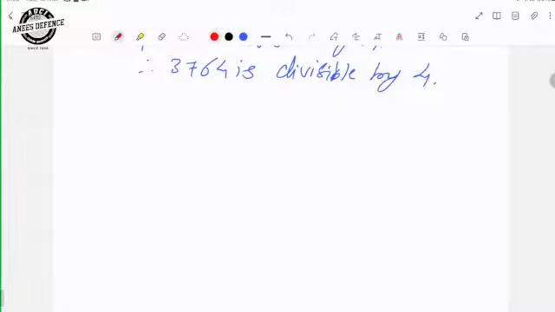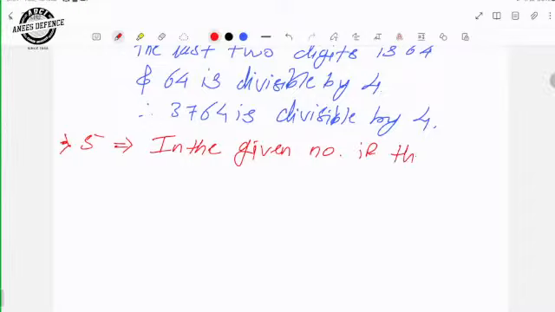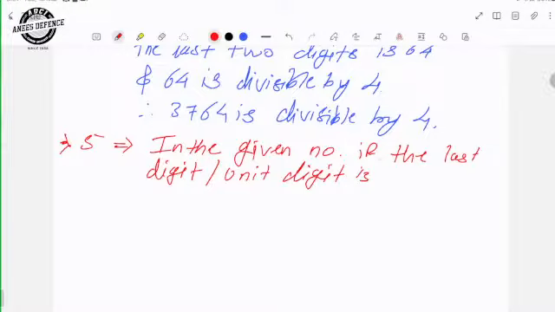Now coming to 5. 5 is easier. In the given number, if the last digit, or you can say the unit digit, is 0 or 5, then the number is divisible by 5.